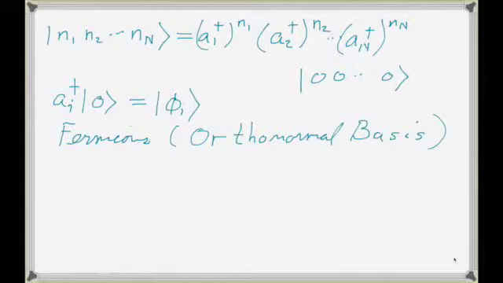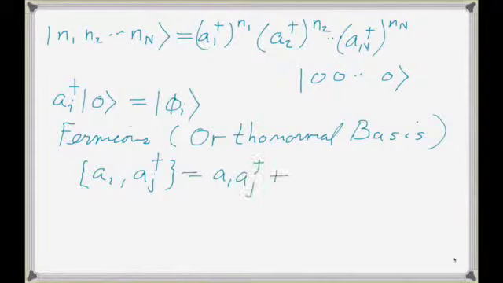For an orthonormal basis, you have the anti-commutation relations for your fermions: the anti-commutator of a i, a j dagger, which just means a i a j dagger plus the Hermitian conjugate ordering, is equal to delta ij.